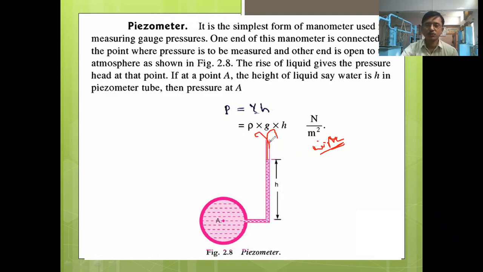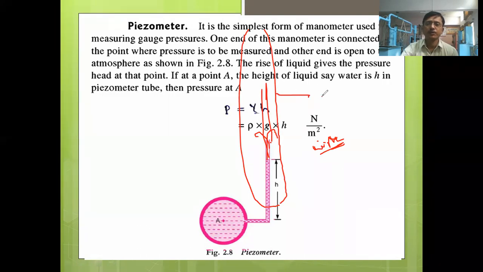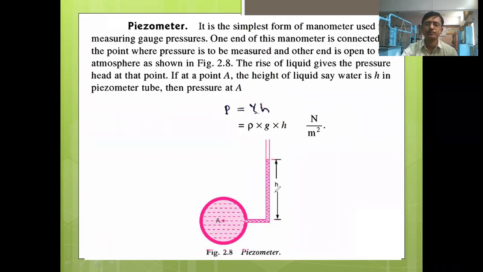So we have to make this piezometric tube larger, and if you increase the height, it will not be practically handy. Practical difficulties will be there in handling this tube, because generally these tubes are made of glass, and there are chances of the glass breaking during handling.